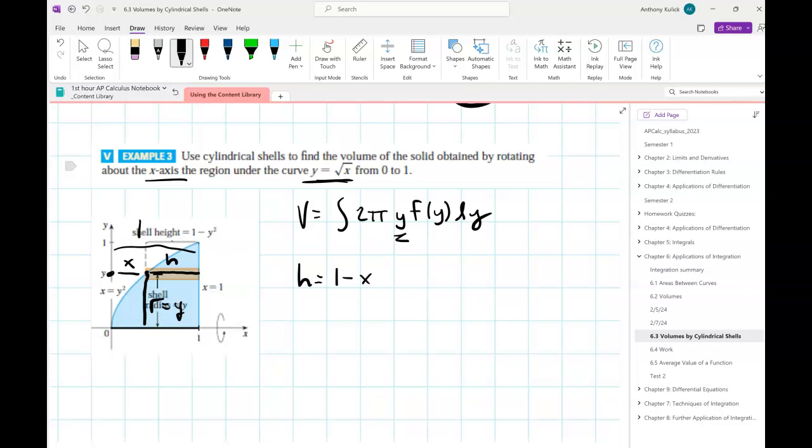But x in this case is going to come from a point on that function. I need that x in terms of y's. So if I square both sides, y squared is equal to x, right? And then we're going to be integrating starting at y equals 0 out to y equals 1.